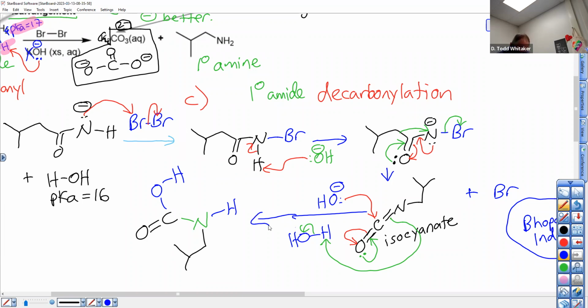So are you surprised that this thing is called a carbamic acid? You should not be surprised that it's a carbamic acid. And they are unstable. They break down in water. That's what's going to happen to this guy right now.